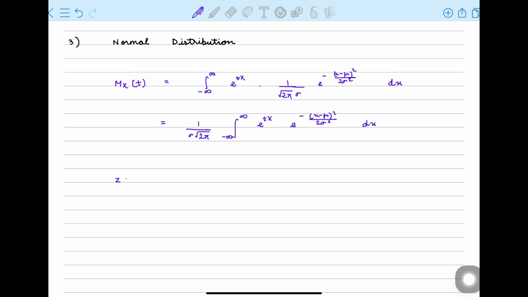We let z be equal to x minus mu upon sigma. This gives us x is equal to mu plus sigma z. When we differentiate this equation, we get dx is equal to sigma dz. Then we substitute these values.